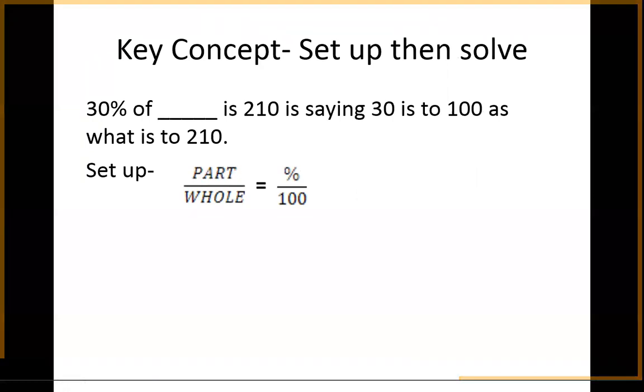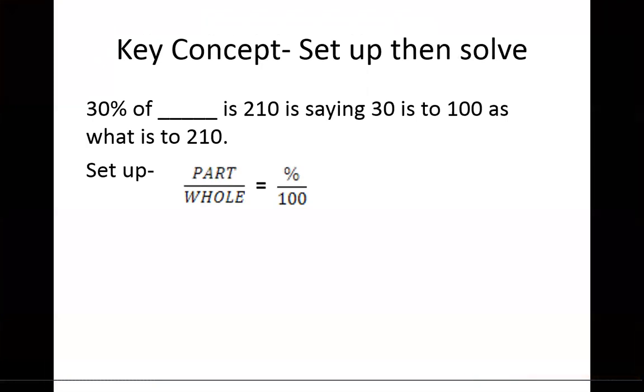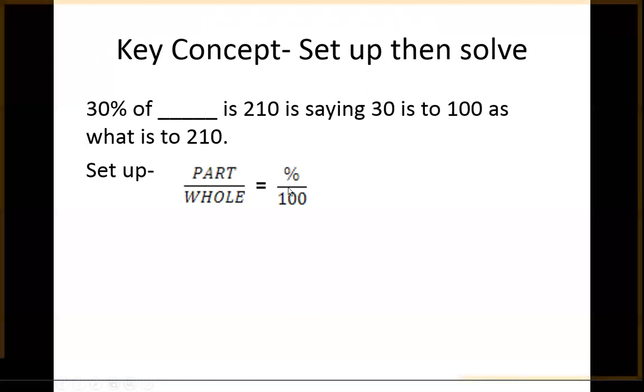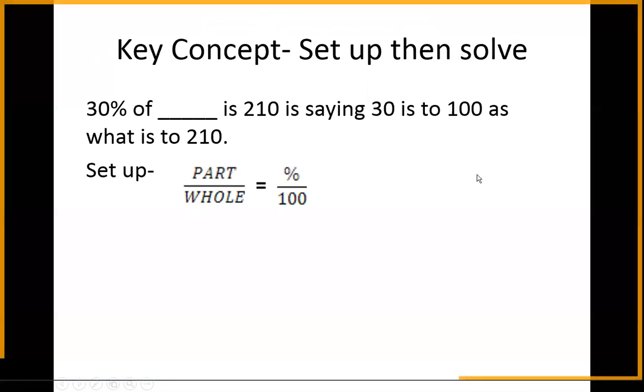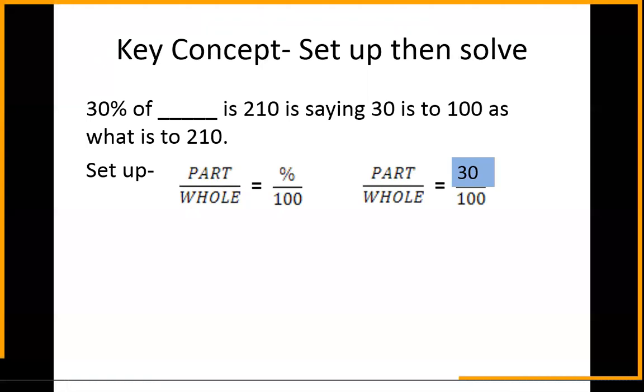The next key concept is to set up your problem and then solve it. So the setup part, you're always going to have a part compared to a whole and a percent compared to 100. In our example here, the percent is 30, so that's where the 30 goes in that setup.